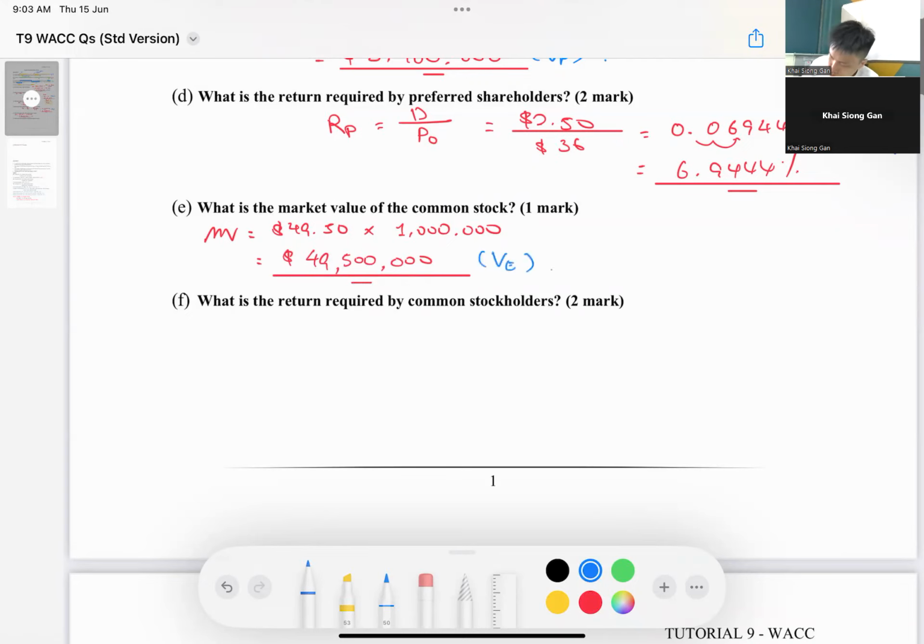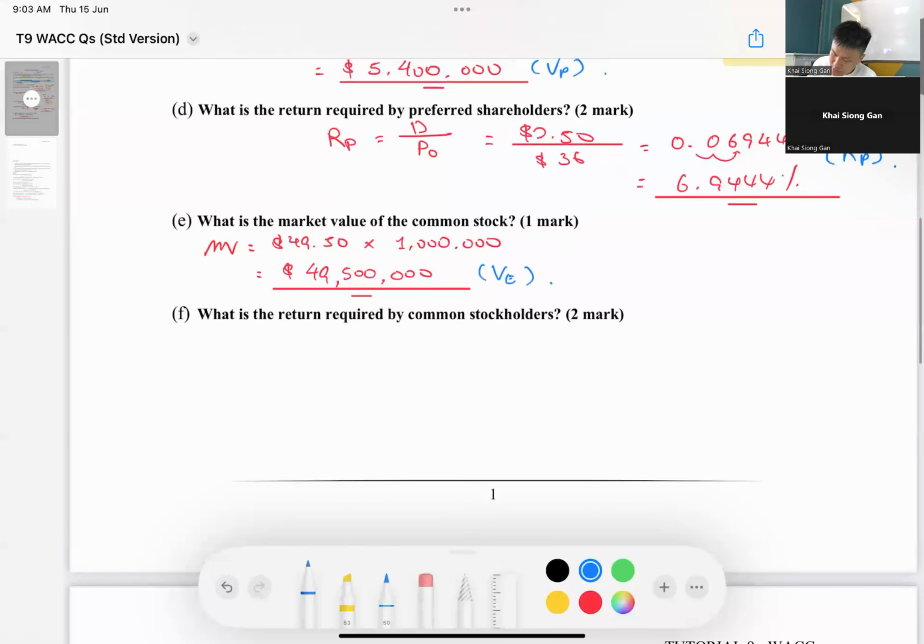Value of equity. What is the required return by the common stockholders? We use the formula. The required return by common stock means the cost of equity. Remember the formula I told you just now, D1 divided by P0 plus g.